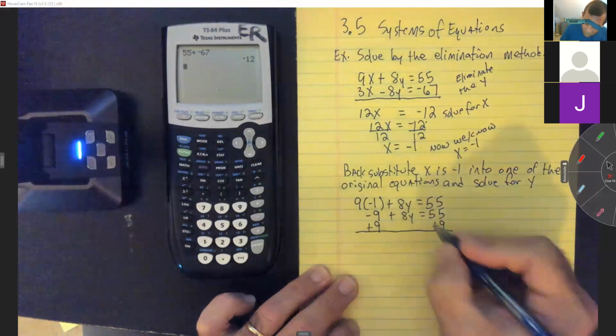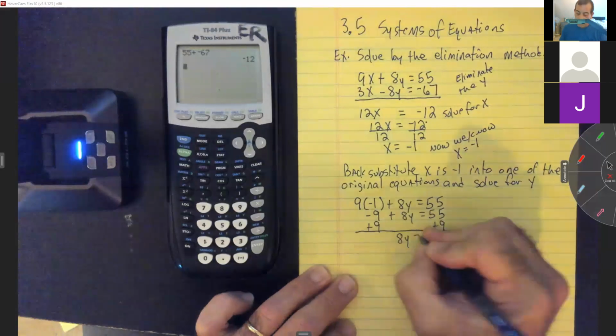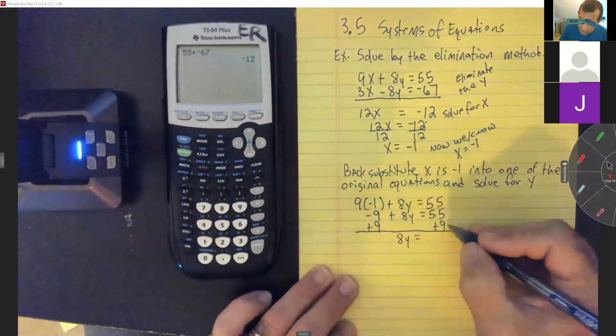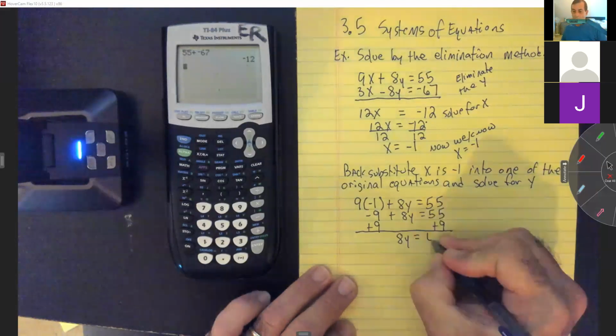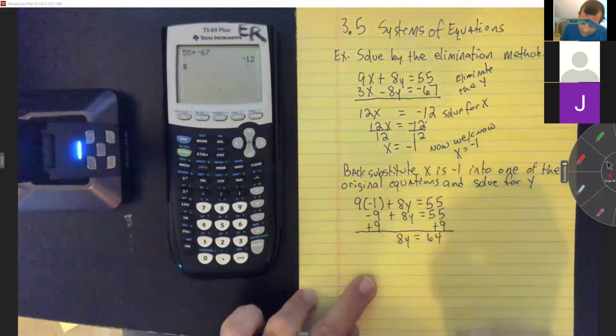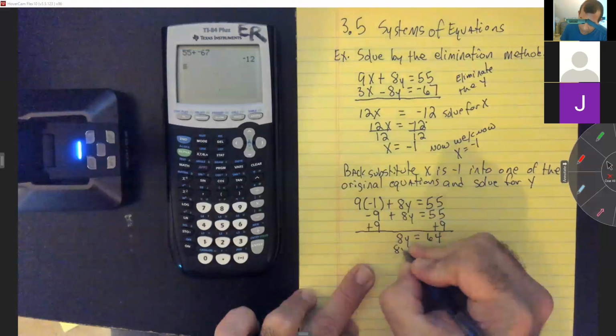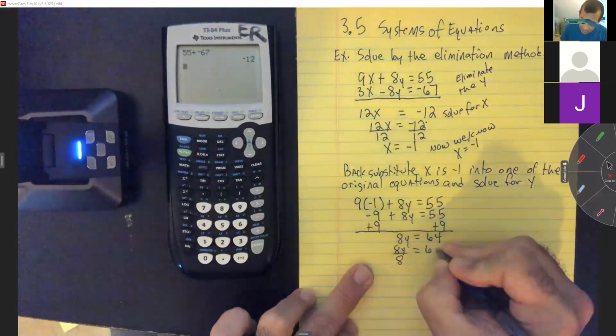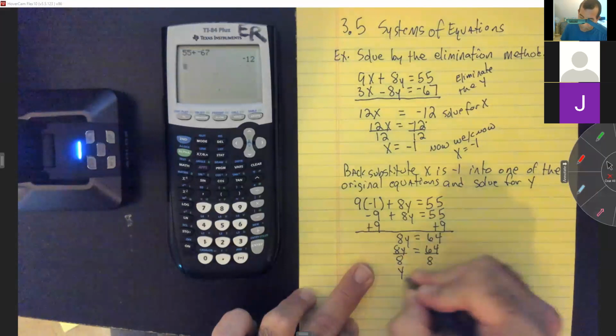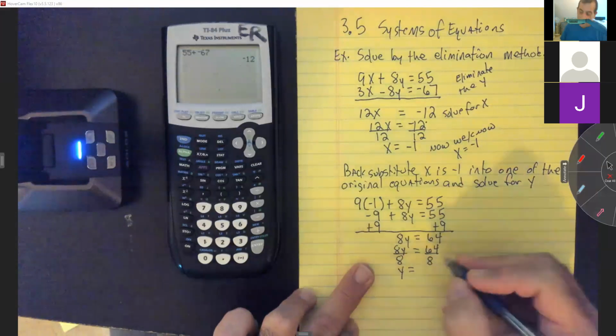So I get my 8y, and 55 and 9 is 64. And then finally divide both sides by the 8. So y equals 64 divided by 8, which is 8.